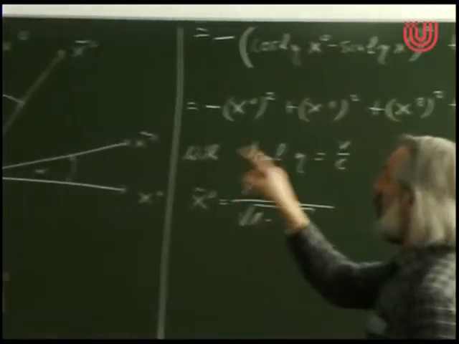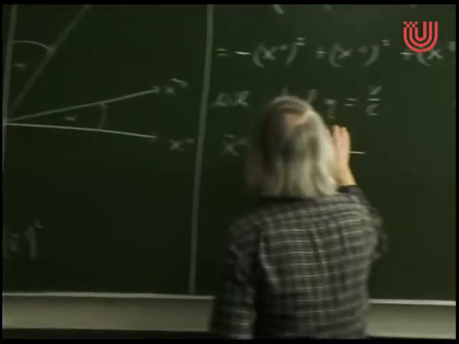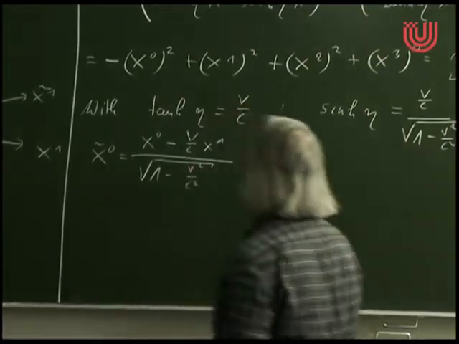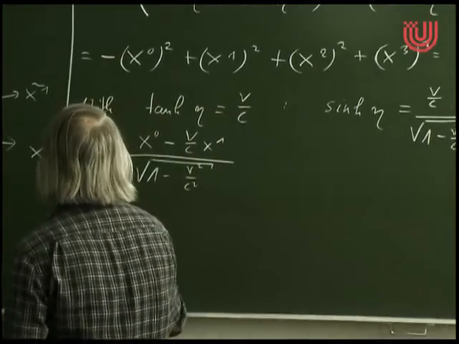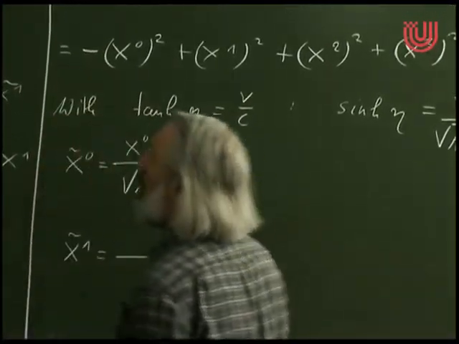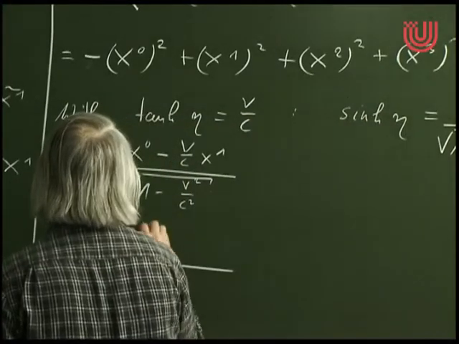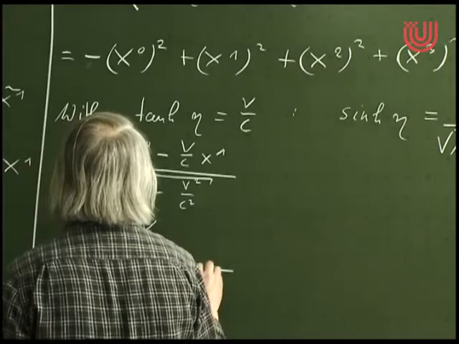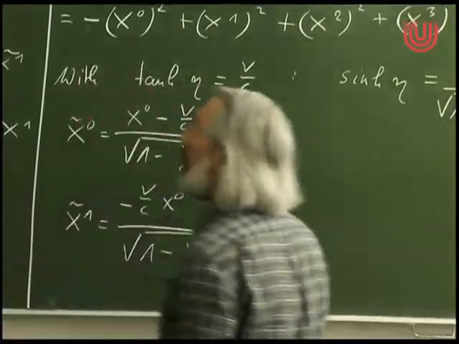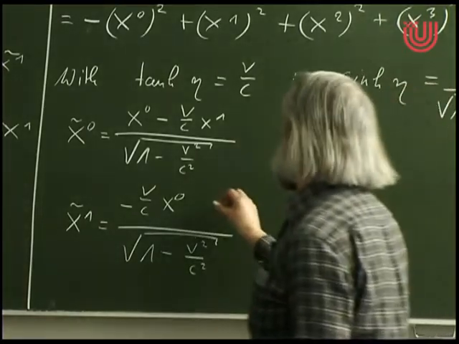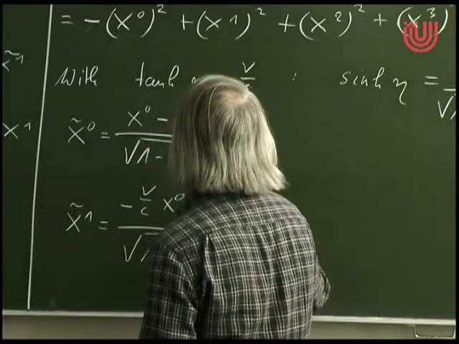And then I have minus sinh times x1, minus v over c times x1. And for the x1 tilde, I have minus sinh, that's minus v over c over the square root, times x naught plus cos, that's just the square root, times x1.